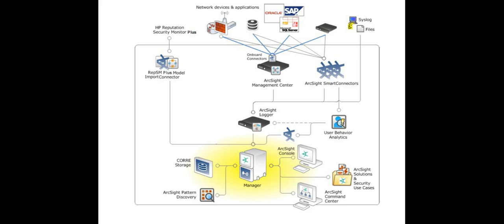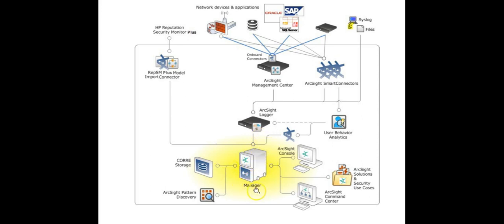They do the same function. So this solution is good for those who want to study the behavior of their users. Again, the smart connectors and the ArcSight Management Center, which have onboard connectors, can send to this solution for user analysis. And this solution can work with the logger, and can work with the manager as well.